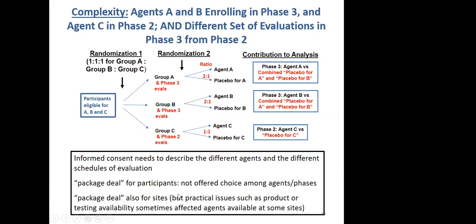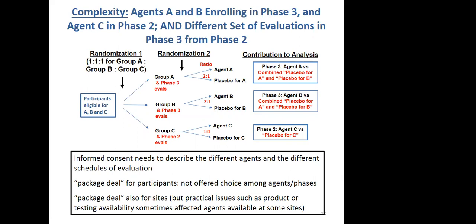In our trial, participants couldn't select among the agents they wanted to be randomized to. So it's sort of a package deal. If you're coming into the study, you need to be willing to consent to all of the agents that you are eligible to receive. It would be possible in practice to allow participants to have a choice, and that could be built into the randomization system.